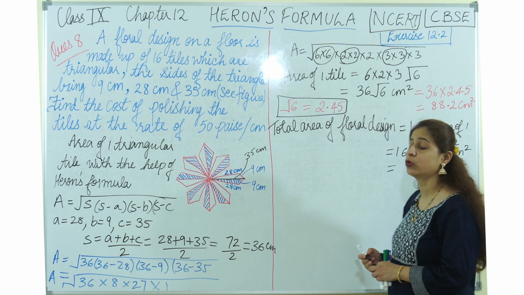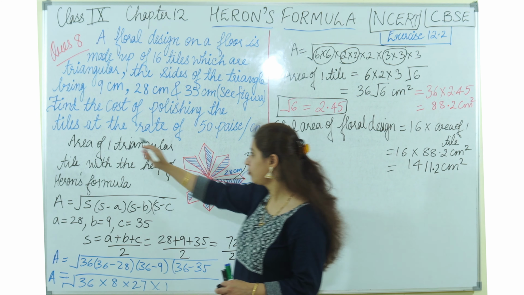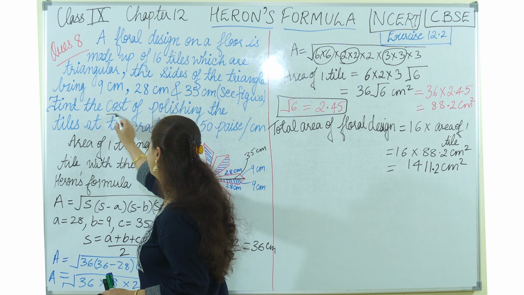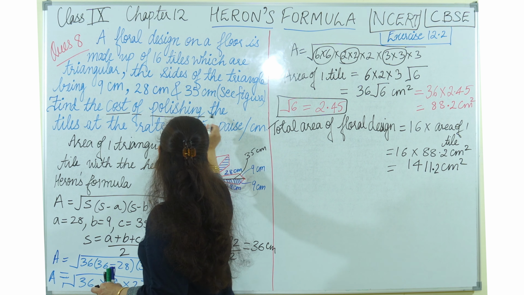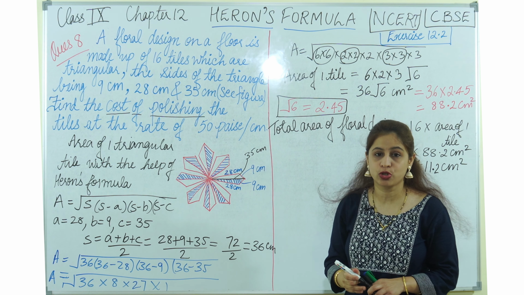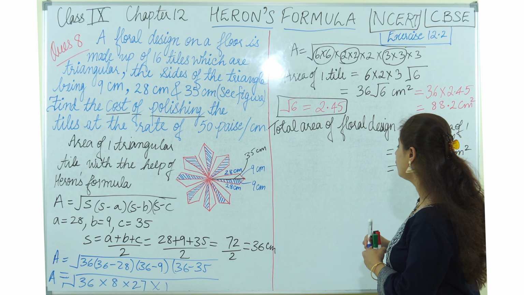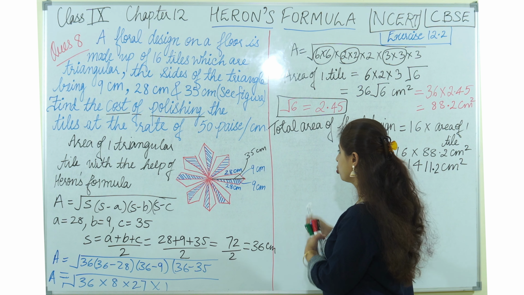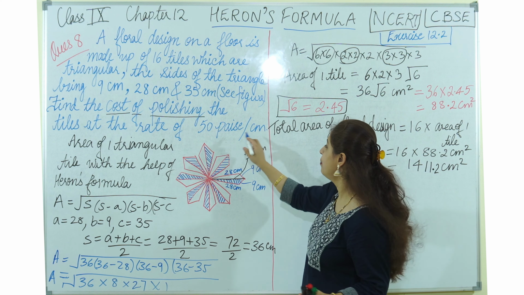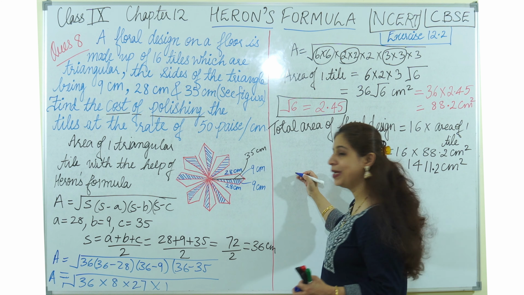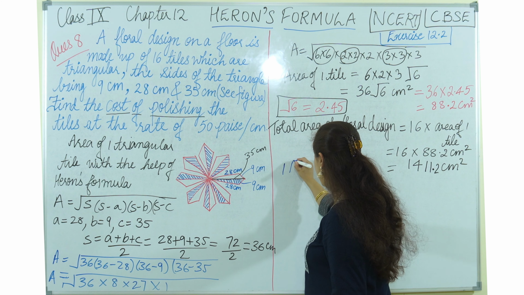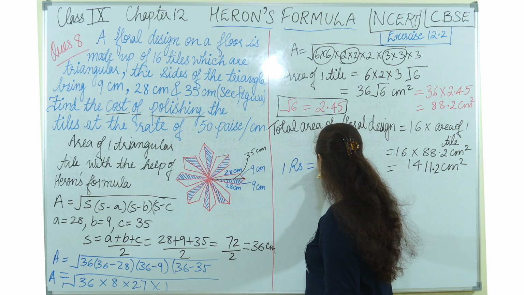Now we need to find out the cost of polishing, because in the question it is saying find the cost of polishing the tiles. So it is given that the rate is 50 paisa per centimeter. So in rupees, we already know that 1 rupee is equal to 100 paisa.